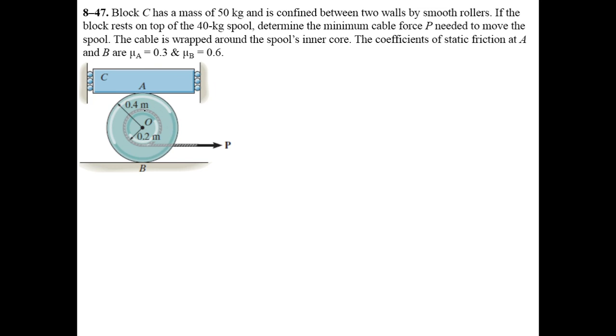So this makes a total of five equilibrium equations, and you have two friction equations, one for point A, one for point B. So this makes how many equations? Seven equations. We have seven equations appearing in this problem that we can utilize.